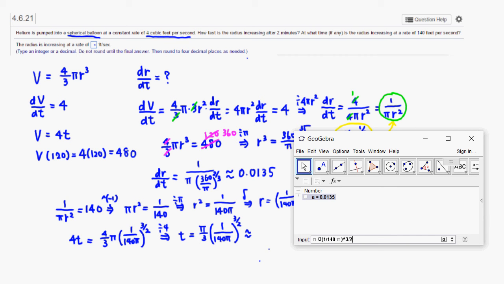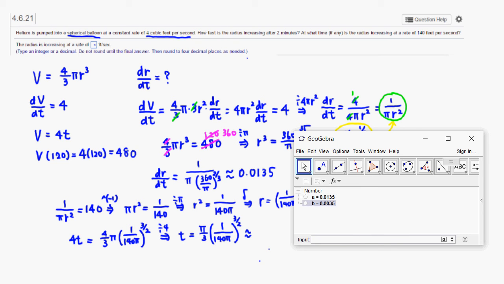Let me make sure it works properly, so I'll put in the parentheses. So it's pi over 3 times 1 over 140 pi, raised to the 3/2 power. All right, let's hit enter.